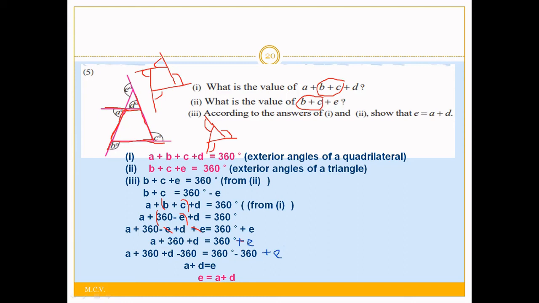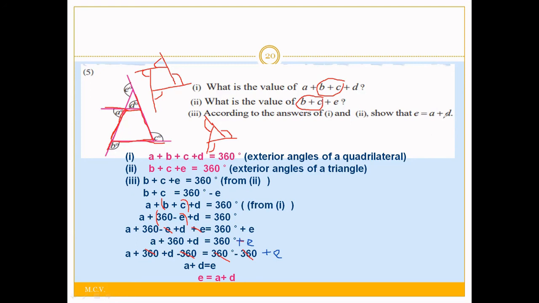How to remove plus 360? Put minus 360 on both sides. So cancel this 360 with this one. So A and D remain on the left hand side: A plus D. On the other side E remains. So A plus D equals E.